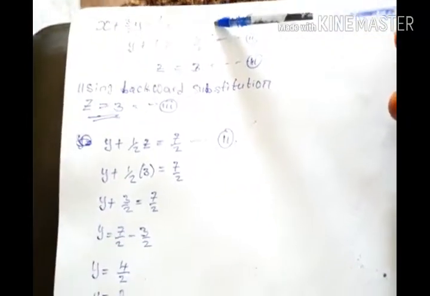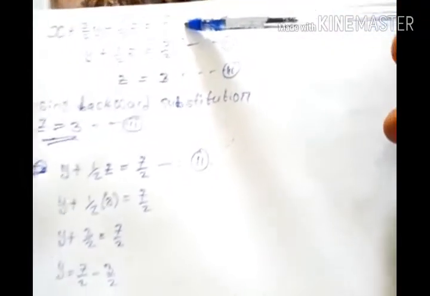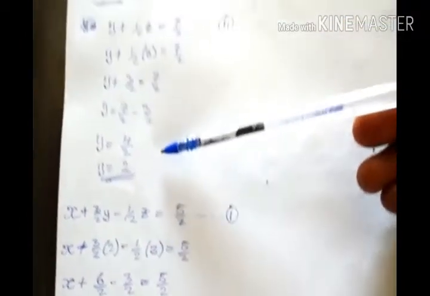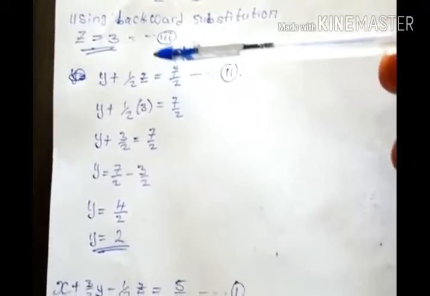Coming back to equation 1, I just picked this equation 1 here, as you can see clearly. So I'll put the value of y, 2, and the value of my z, 3, into this equation.